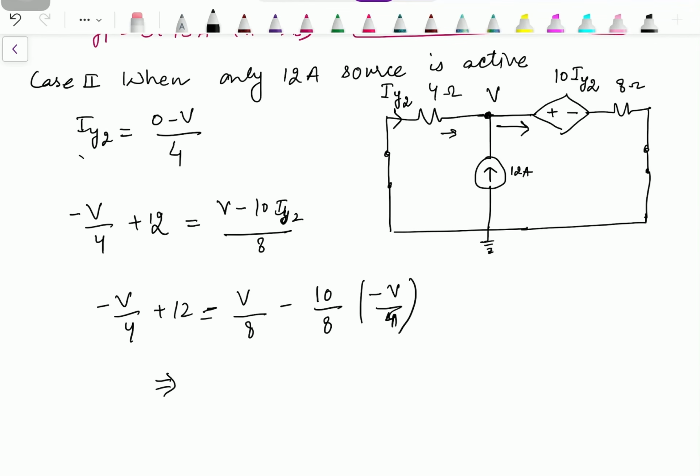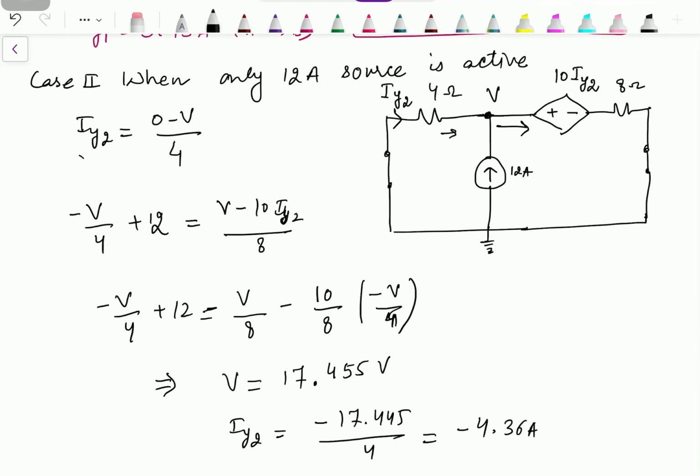When we solve this equation, we get the value of V as 17.455 volts. So this will give us the value of IY2 as minus 17.455 divided by 4, which is minus 4.36 ampere.